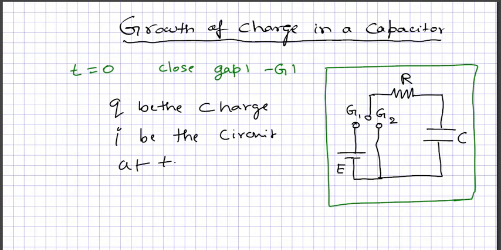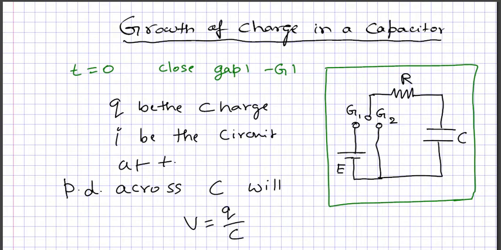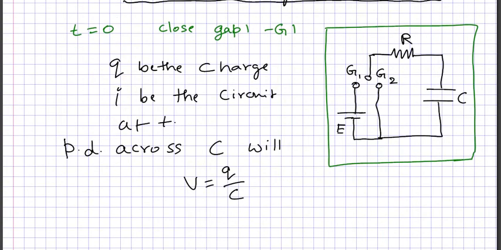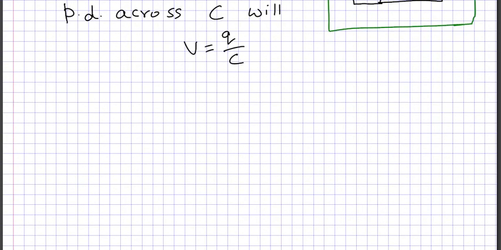Then the potential difference across the capacitor will be, can you guess how much it is? It will be given by V is equal to Q by C, where Q is the charge stored on the capacitor and C is the capacity of the capacitor.